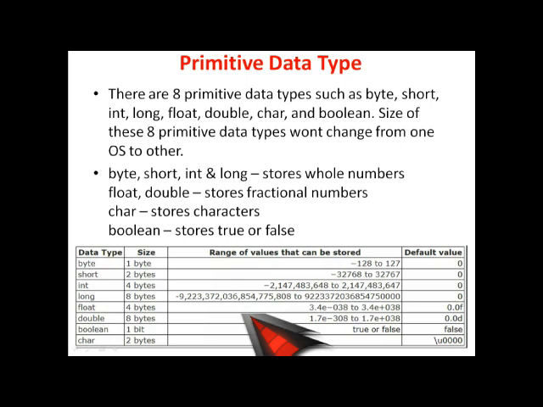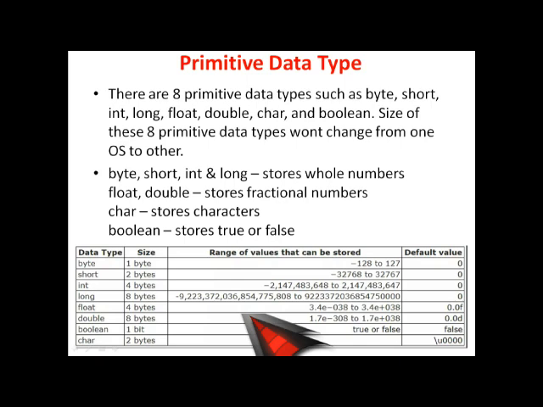When we talk about byte, short, int and long, we basically store whole numbers. When we talk about float and double, we basically store fractional numbers. When we talk about char, we store any single letter in single quotation. And when we talk about boolean, we store either true or false.